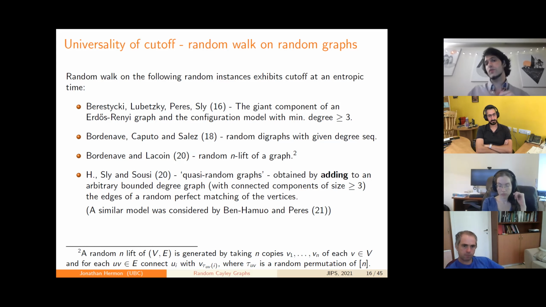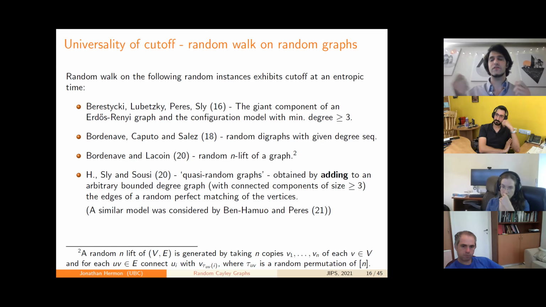Then we do the following smoothing operation. We keep the initial structure, but we add new edges at random according to a random perfect matching of the vertices. We take a perfect matching of the vertices at random, and for each matched pair we draw an edge between them.